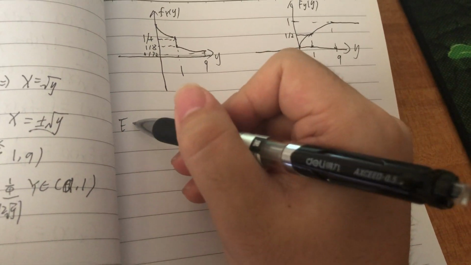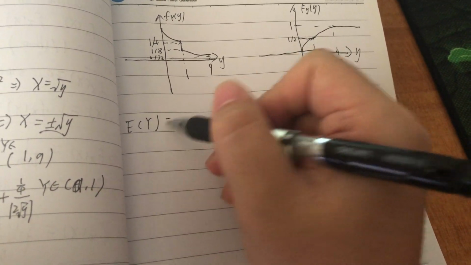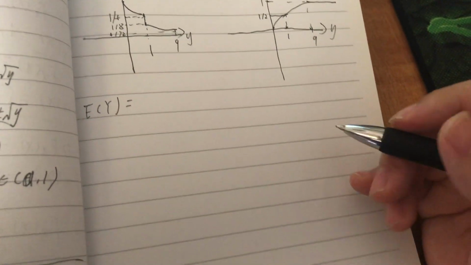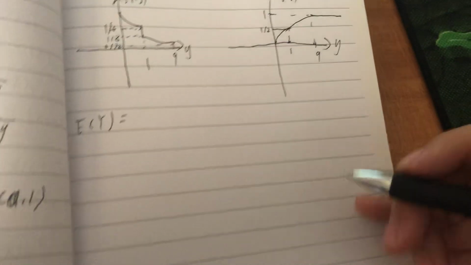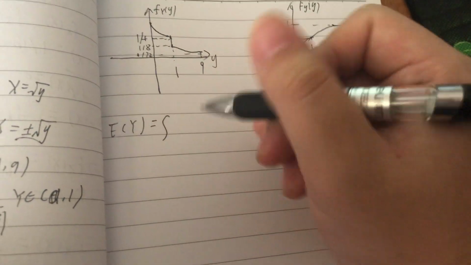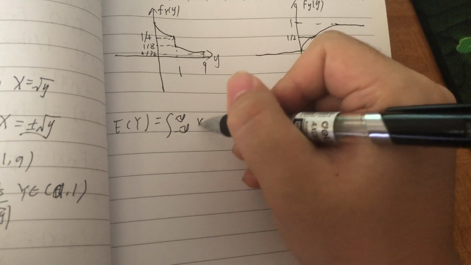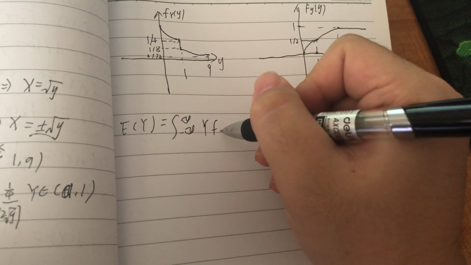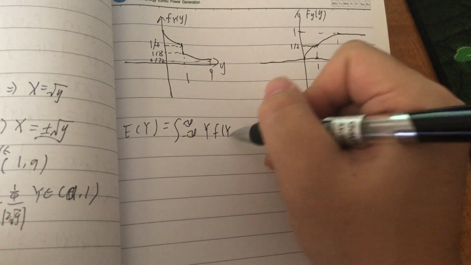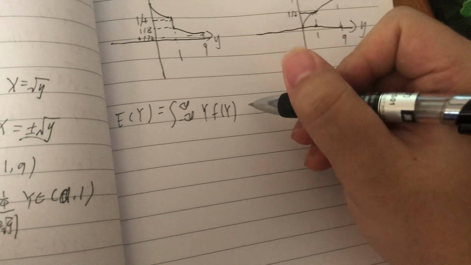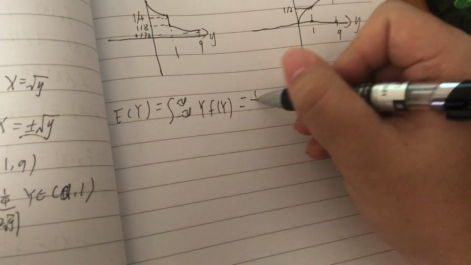Finally, we need to know the expectation of y. The expectation of y is pretty easy to find according to the formula, the integral of y f(y), and plug in the function we got before, like here.